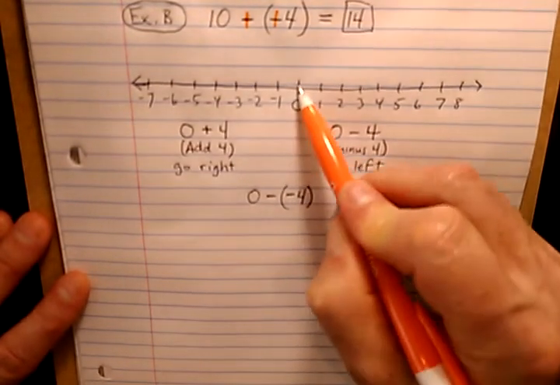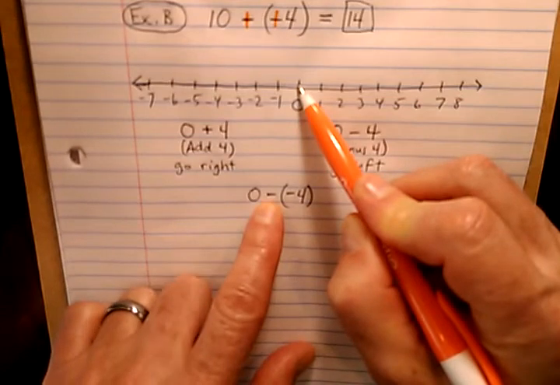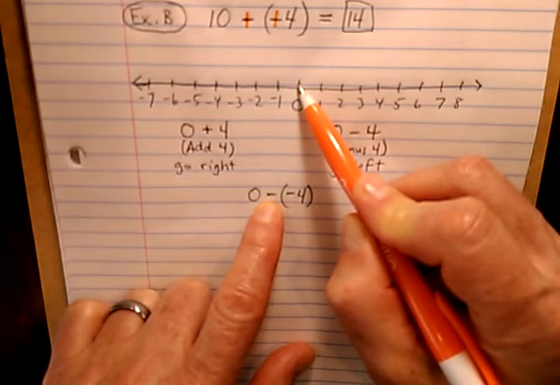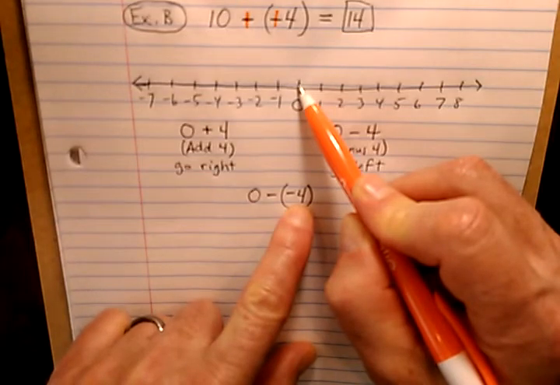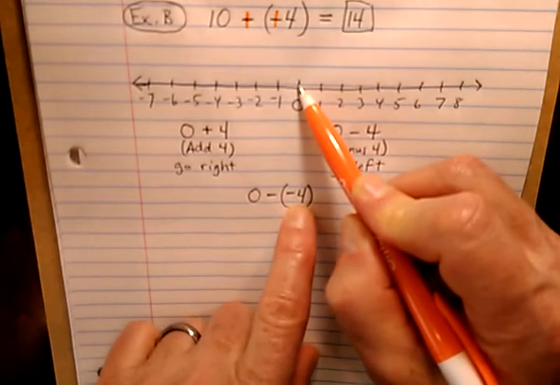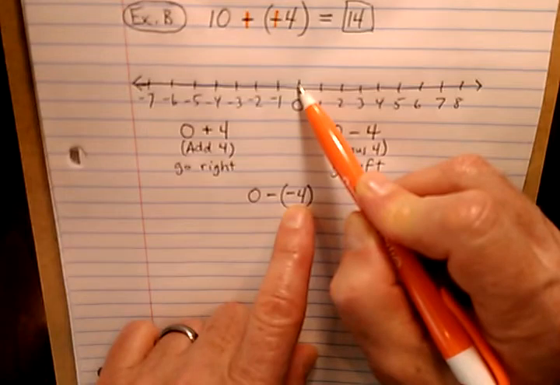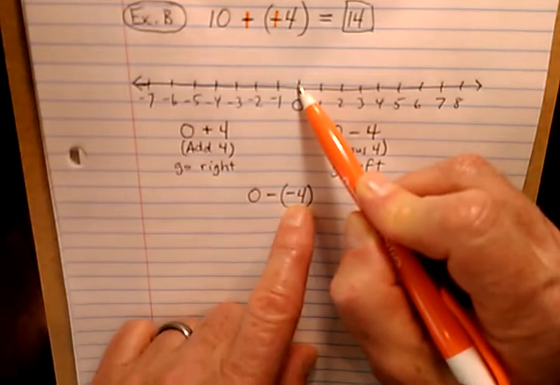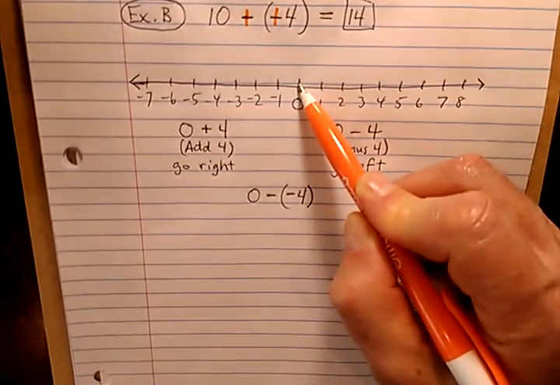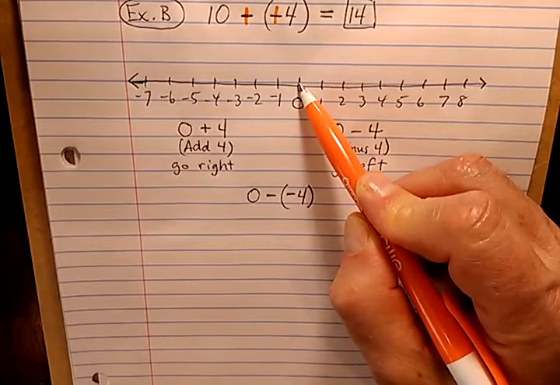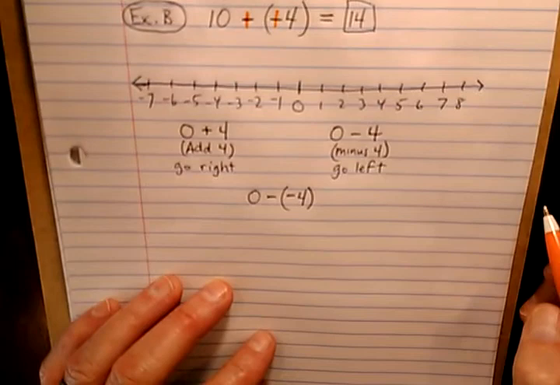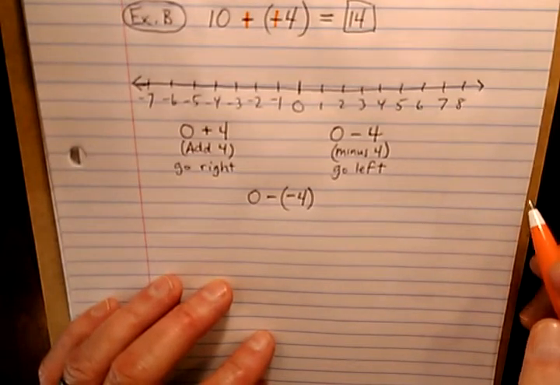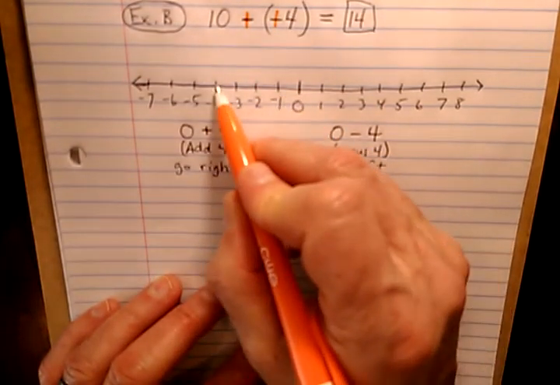I'm starting at 0, and now I'm going to take away, not 4, I'm going to take away a negative 4. It's a little bit hard to understand, but what that means is we are taking out of the problem 4 negatives. If we were adding 4 negatives, we would have to go toward the negative side.